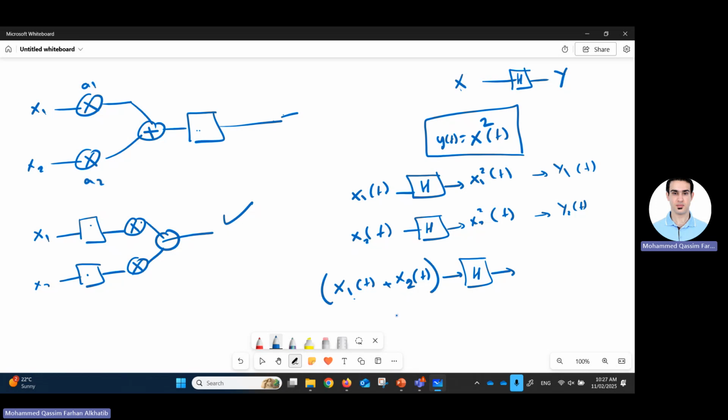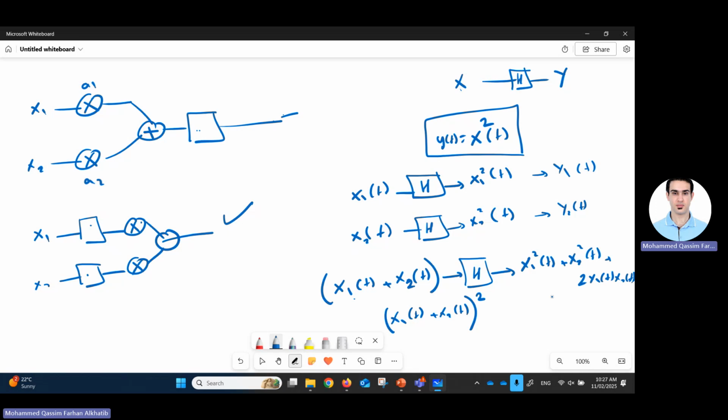It's a square, so we have x1 of t plus x2 of t, squared. Expanding that square, it's going to be x1 squared of t plus x2 squared of t plus 2 x1 of t x2 of t.